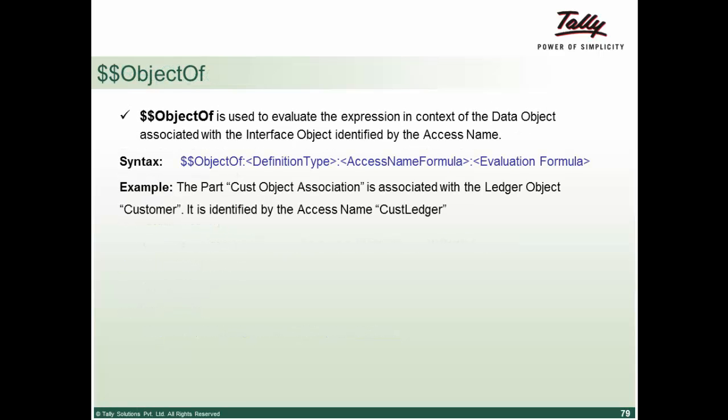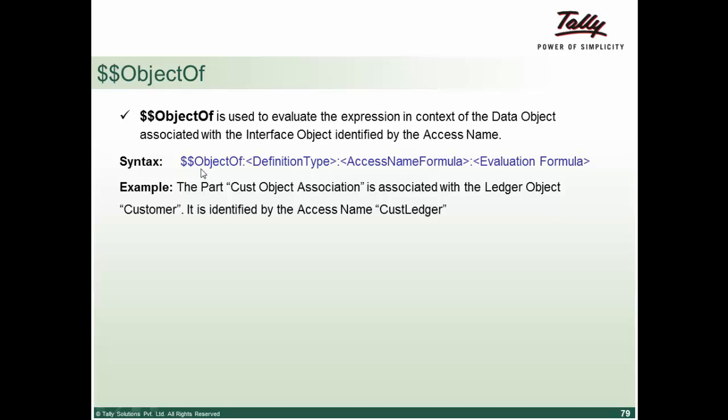Talking about object of, this is related to the access name that we have. So object of is used to evaluate the expression in the context of data object associated with the interface object, which is specified or identified by the access name. This is specifically only for those definitions which are identified by access name.